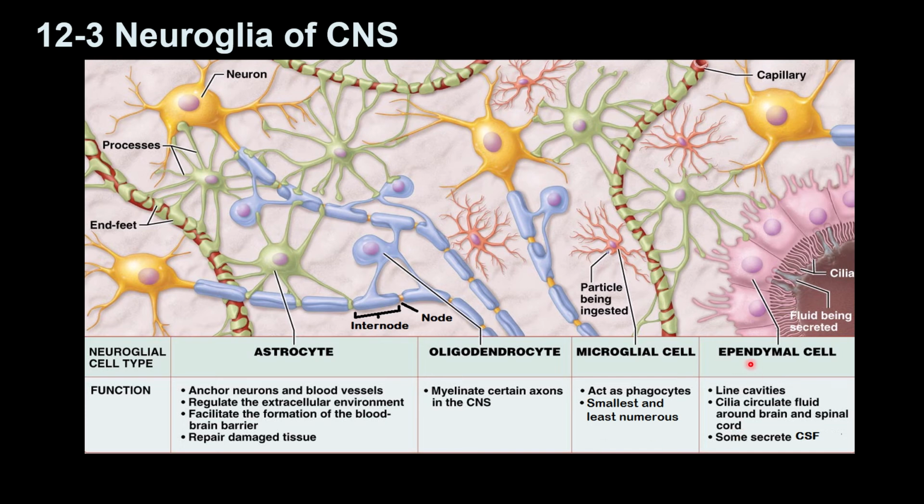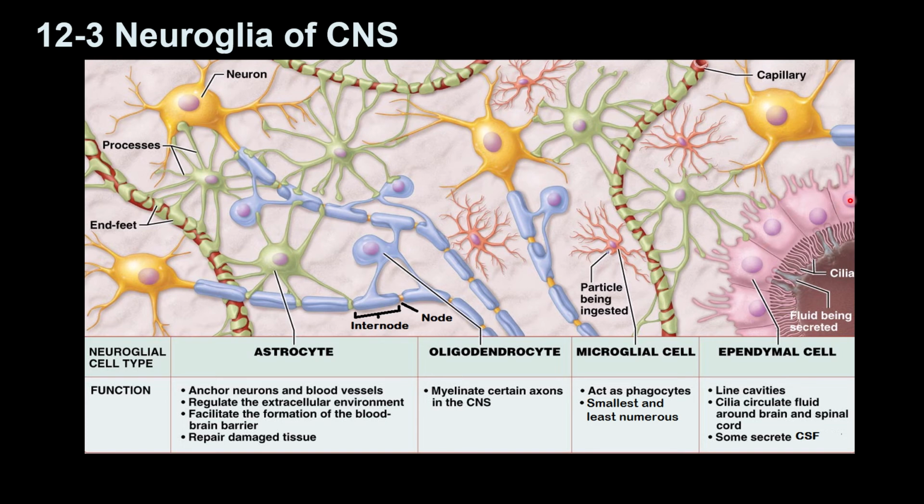And the fourth one is the ependymal cells, and some of them are flat, some of them are cuboidal in shape, and they are located in the cavities inside the central nervous system. If the cavities are in the brain, they are called ventricles, and if the cavity is in the spinal cord, that's called the central canal.